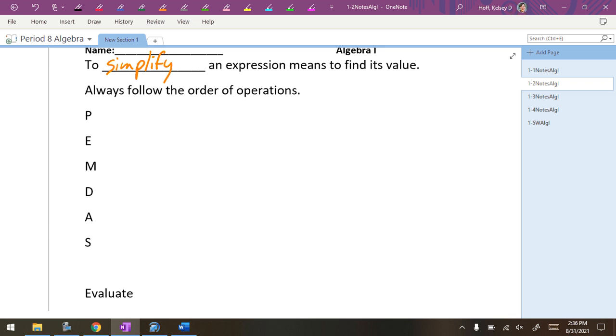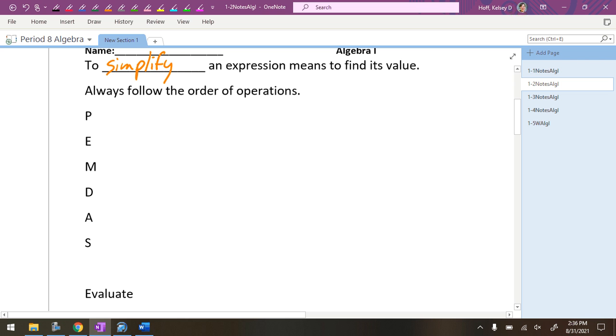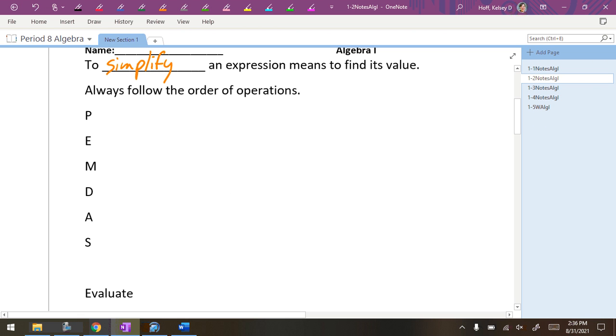Now, just a heads up, parentheses can be your curved parentheses, but they could also be brackets. I call brackets just parentheses on steroids. So if you have multiple parentheses in a row, I love when my pen quits working. It's like the greatest thing ever.